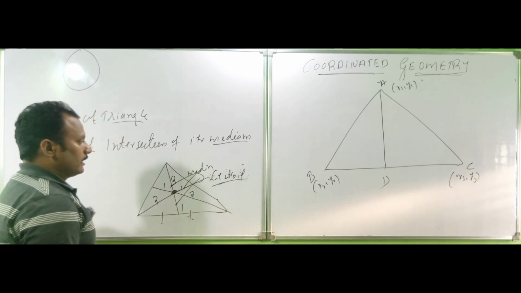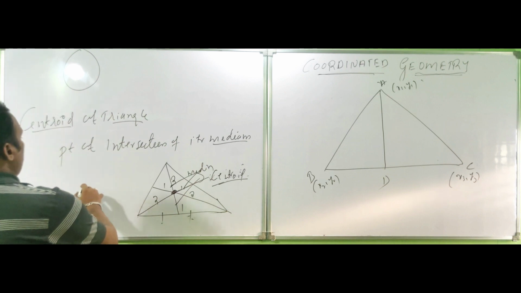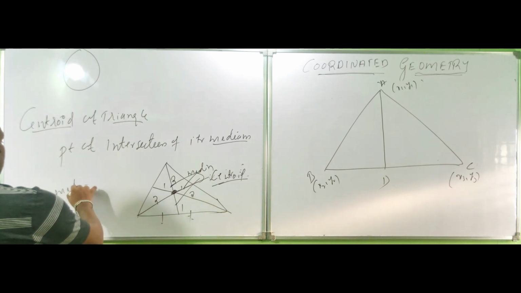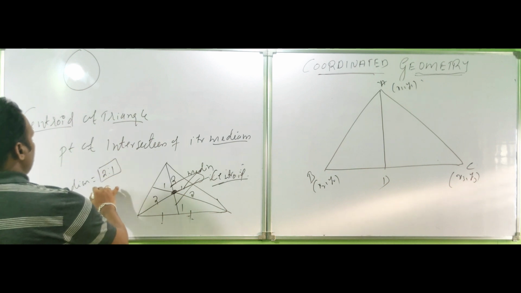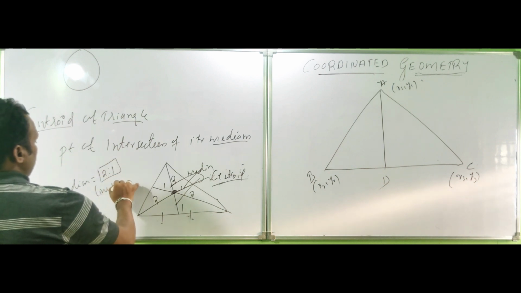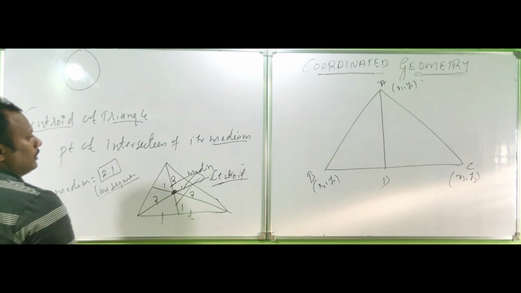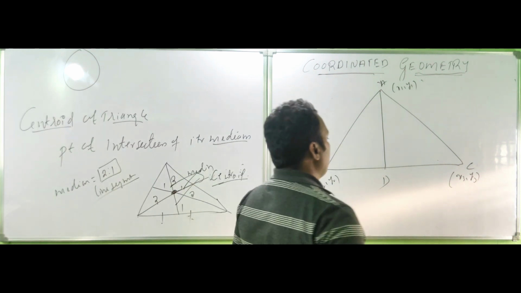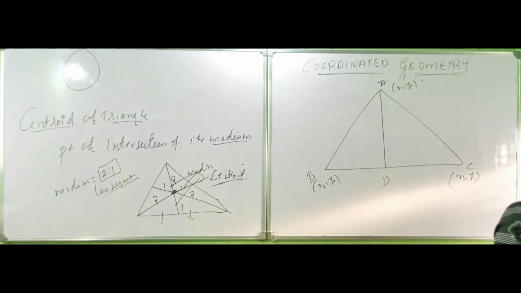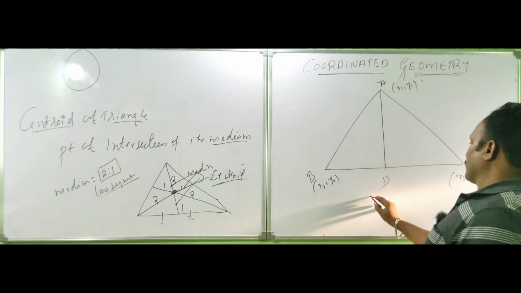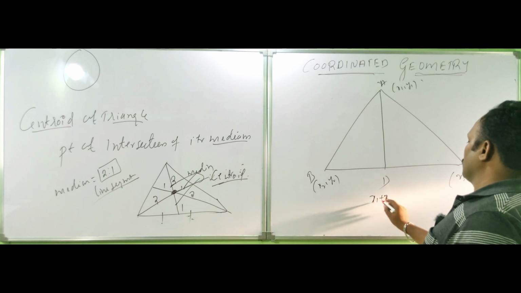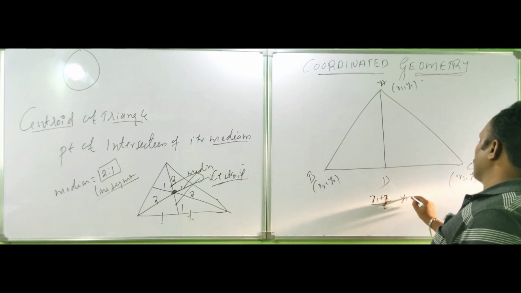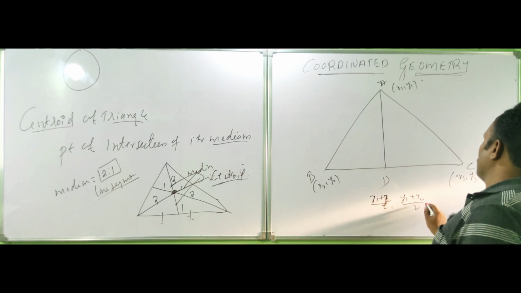The median divides the line segment into a 2:1 ratio. This should be remembered. According to the midpoint formula, D becomes x1 plus x2 divided by 2, and similarly y1 plus y2 divided by 2.